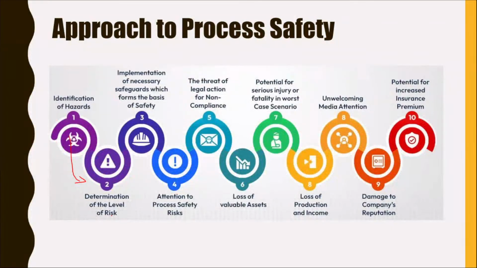Likewise, you can identify what level of risk there is in the hazard. Then after that, implementation of necessary safeguards, which forms the basis of safety. So you can implement necessary safeguards and guidelines.